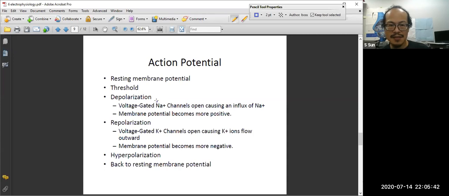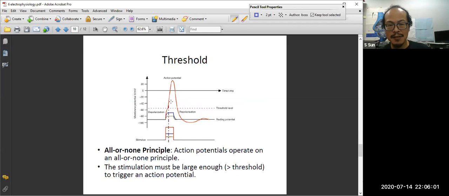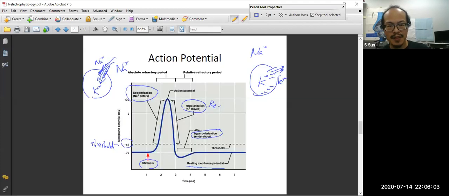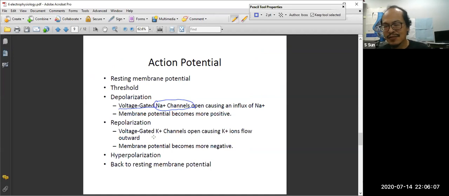Depolarization is the sodium channel. This channel is called a voltage-gated sodium channel, because this channel opens due to the stimulus, and the stimulus changes the membrane potential to above the threshold. So it's sensitive to the voltage.